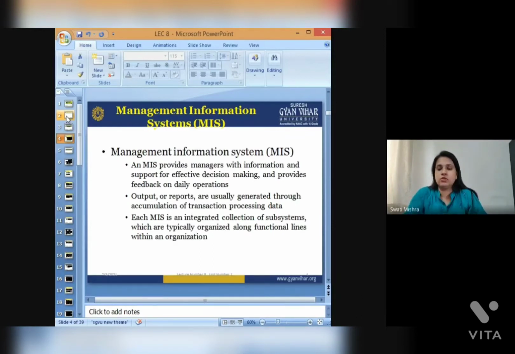If we talk about its outputs, the reports which are generated through MIS are usually generated through accumulation of the transaction processing data. Each MIS is an integrated collection of subsystems which are typically organized along the functional lines within an organization.